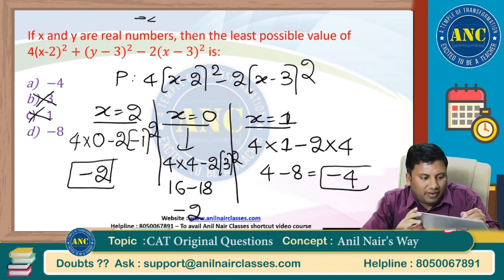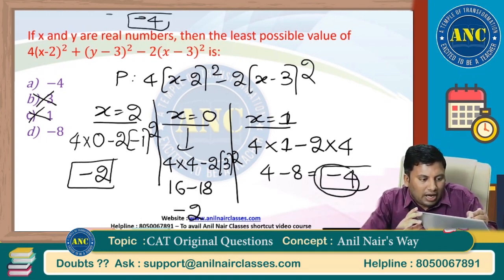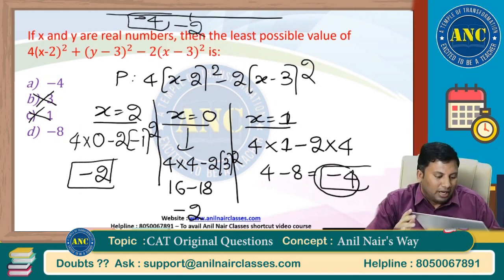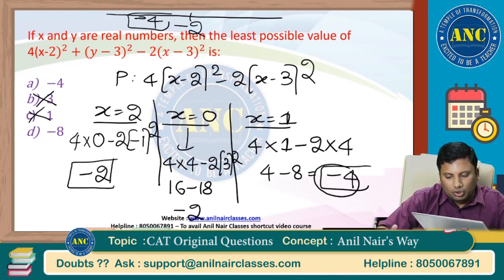See here, if I keep minus 4 and minus 2 on a number line, minus 2 is to the right hand side of minus 4, right? I hope it is clear. x is 2, 2 minus 3 square, minus 1 square, which is nothing but minus 2.